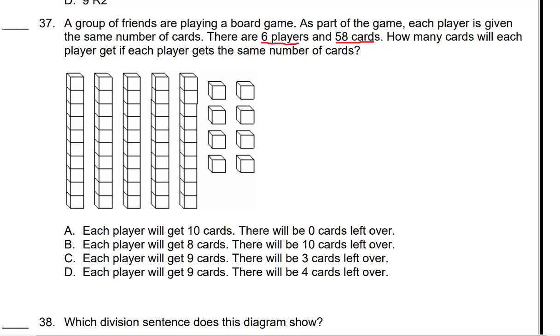Okay, we have a picture here, we can use it, and also we can do it without using the picture. And as you know, what should we do? We need to divide the 58 cards among the 6 players. Okay, let's do this. Of course, you will go through the timetable of 6, the multiples of 6, and search for 58.